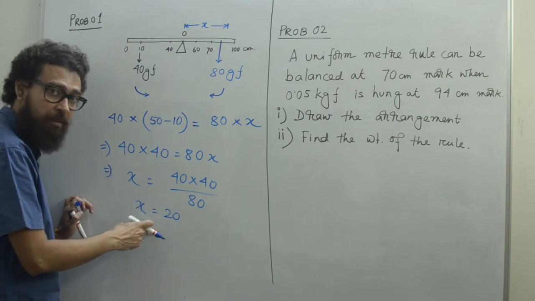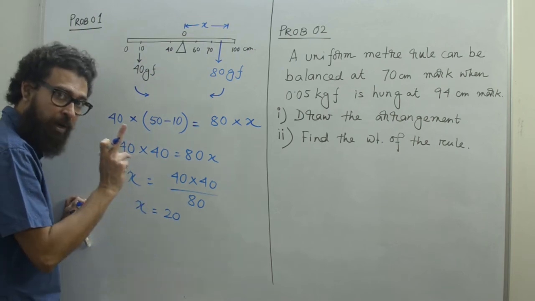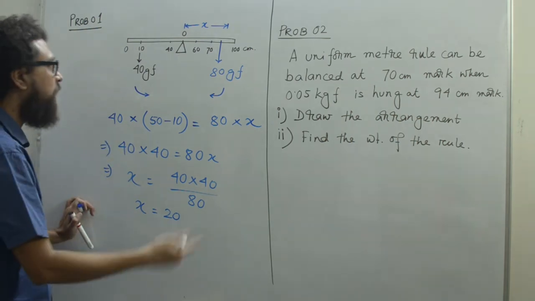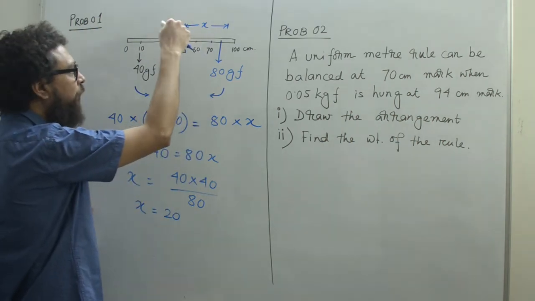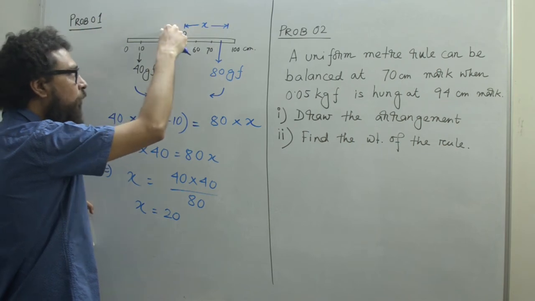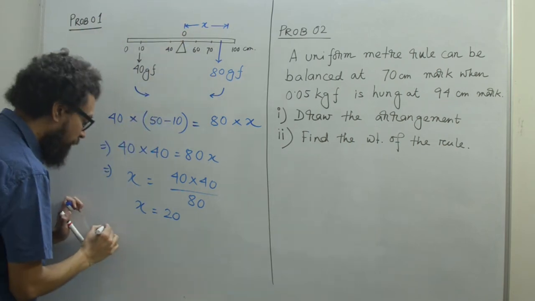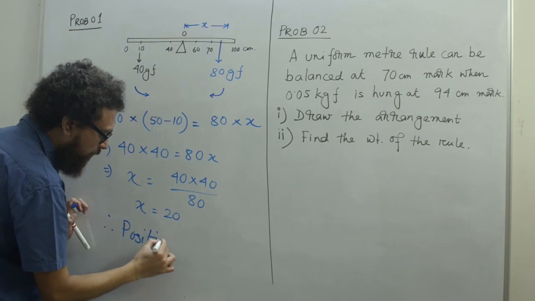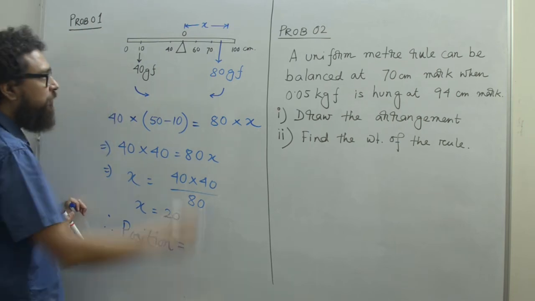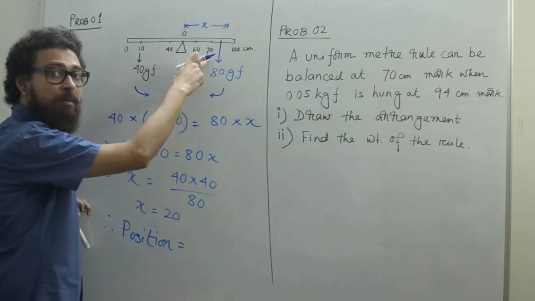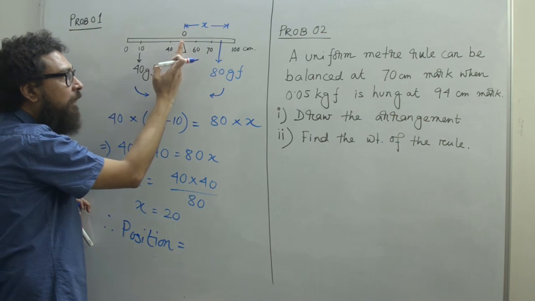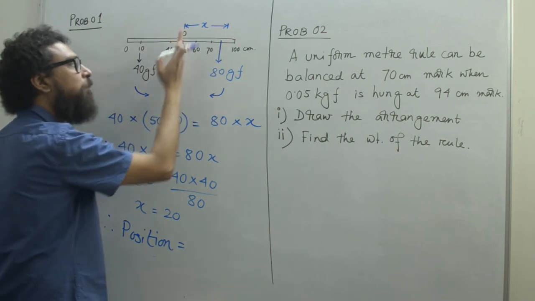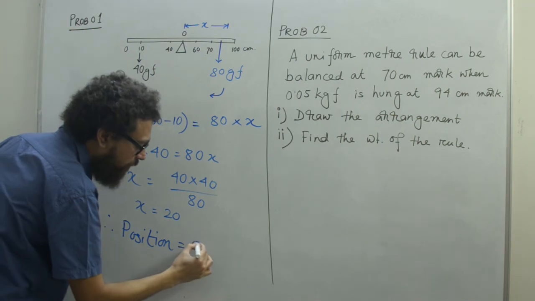If you leave it here, 1 mark will be deducted. What you have to write is the exact position. So x is 20 from O. What is O? O is 50. So you have to write the answer like this: position is equal to 50 plus 20, because it is 20 advanced from O. So 50 plus 20, what is that?